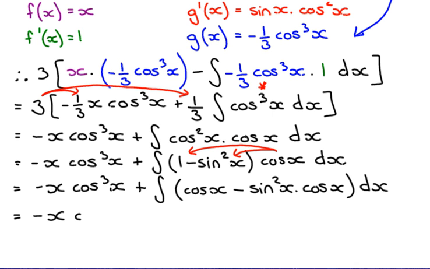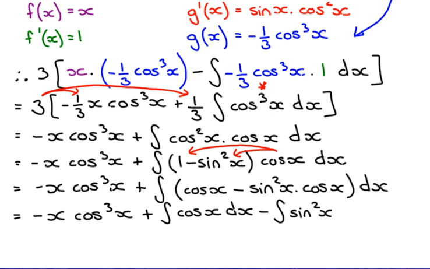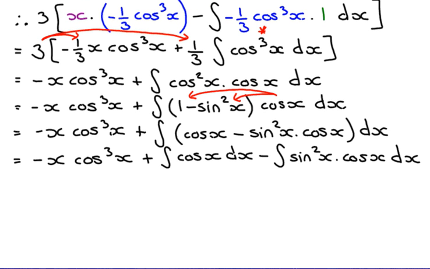Rewrite that. So now what I can do is split this. That's the integral of cos x with respect to x minus the integral of sine squared x times cos x with respect to x. Now these all become easier integrals to work with.